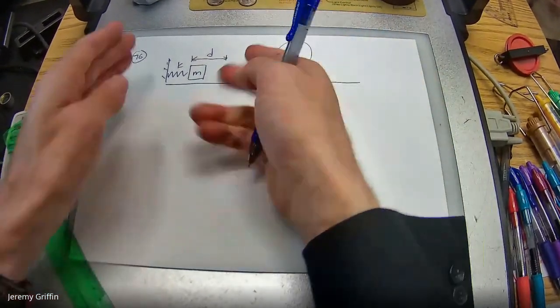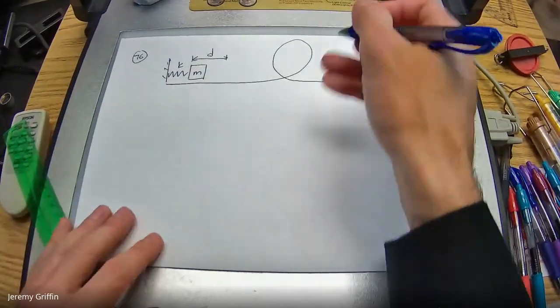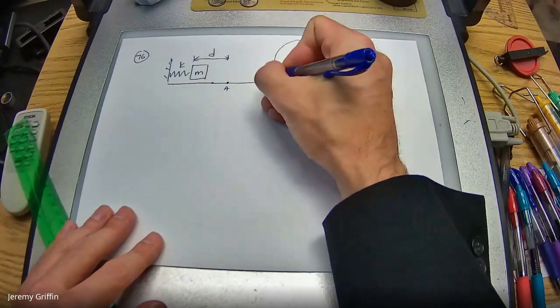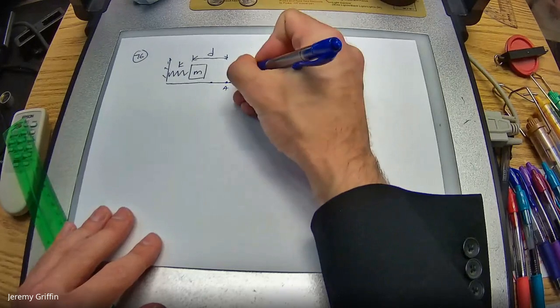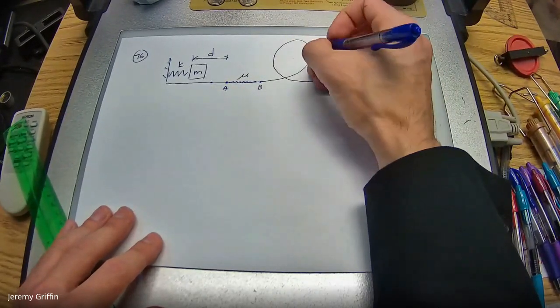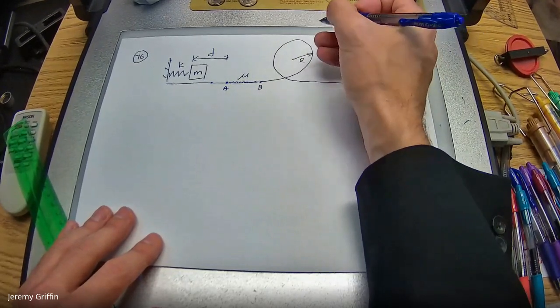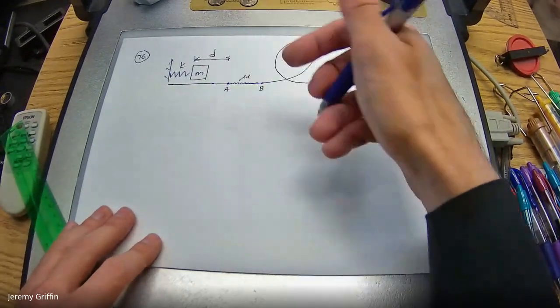So the spring used to be this length, and we just compressed it. Then the block's going to, from point A to point B, go over a rough patch, which has some coefficient of friction. And then it's going to wheel around this loop, which has some radial size r. And, what's the minimum compression to make sure that it gets around?